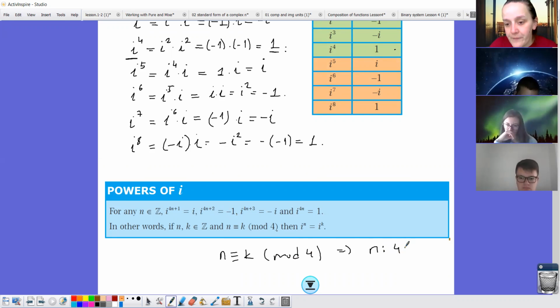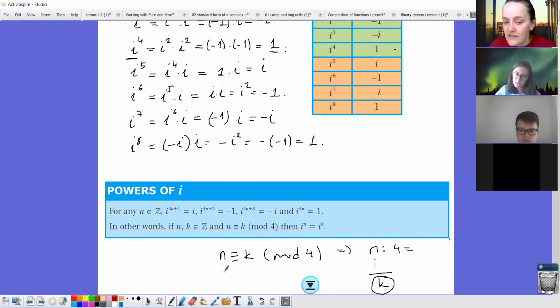This notation shows you this. When you divide n by 4, the remainder is k, and you write it in this way. So if you have this, you can write i to the power of n as equal to i to the power of k.